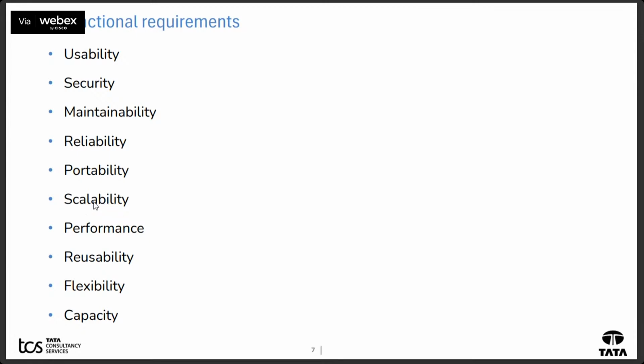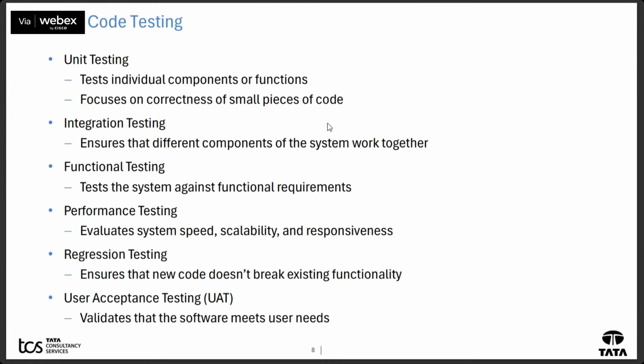So will I be able to scale to that load? Then performance, whether the response times are the same during peak loads. So these are all various things which we look at as part of the non-functional requirements.